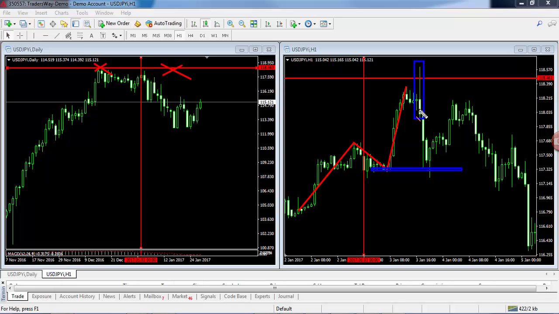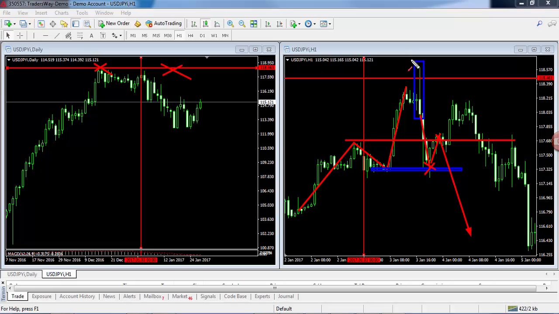So once this candle is created, I want to see the market come down to here. Now, once price gets down to here, then I am going to set a sell pending order here at the left tip of the shoulder. So when price gets into this level, it will create the right side of the shoulder, and then I'm expecting price to fall.